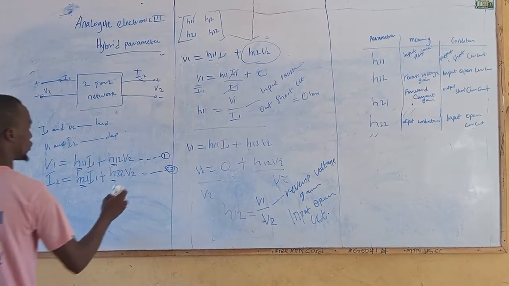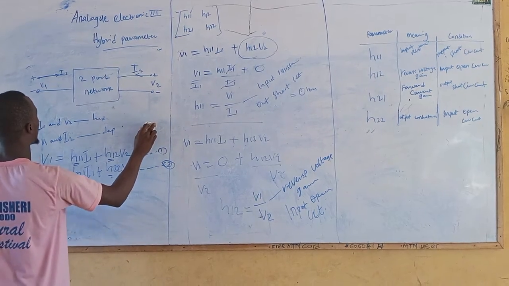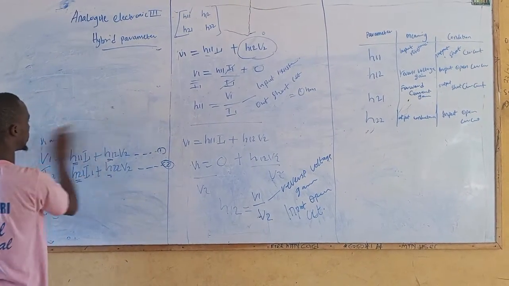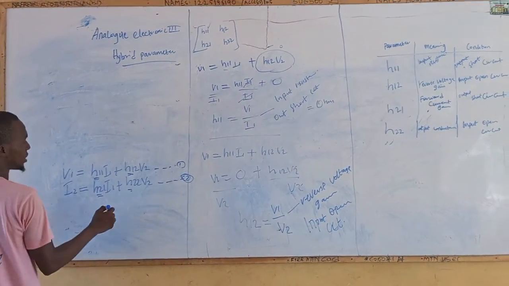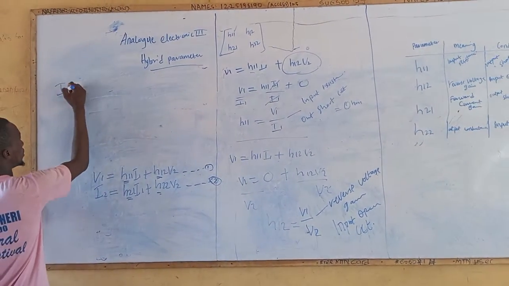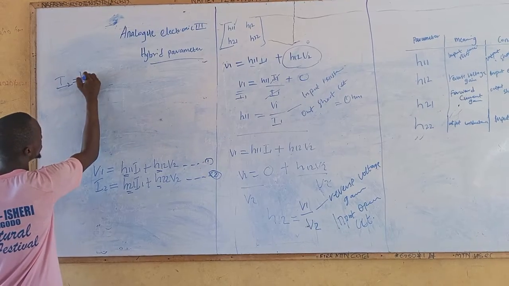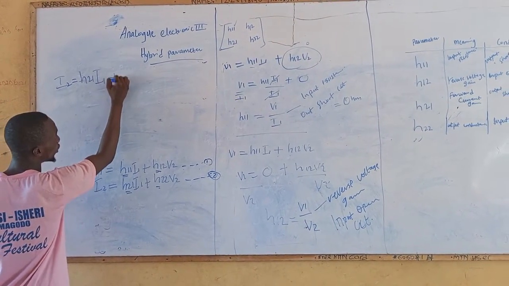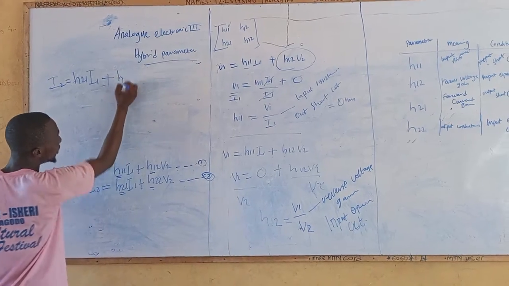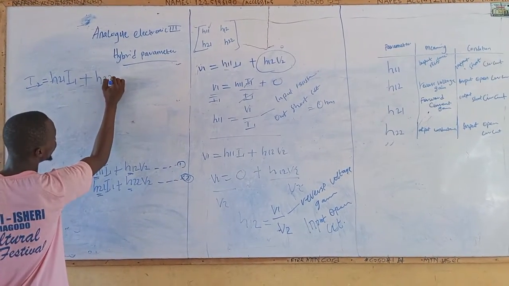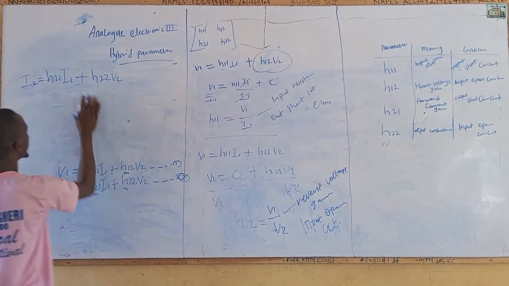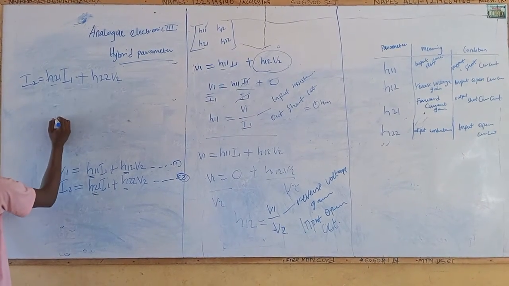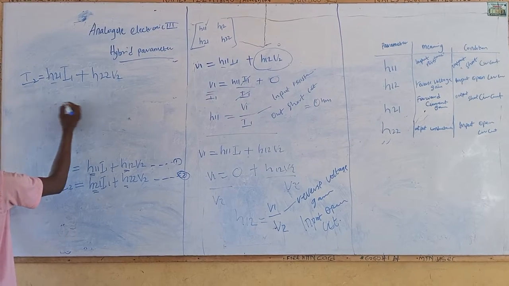So let's move to another aspect. We've seen our two ports. In this place we have I2 equal to H21 I1 plus H22 V2. From our equation 2, we want our H21 to be the subject.